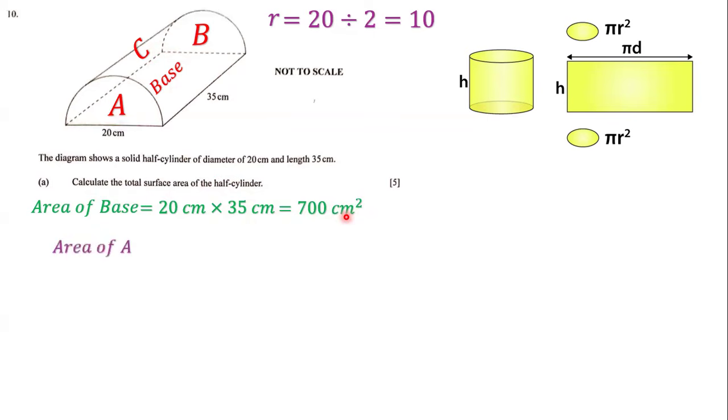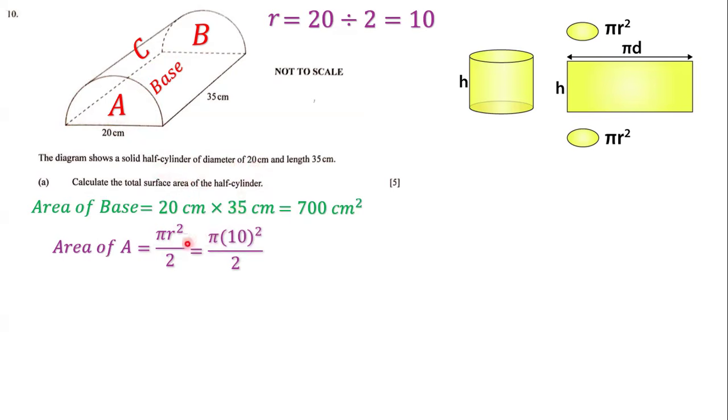Next, we have to determine the area of A. And this right here is a semicircle. We're going to use the formula for a semicircle. The formula for the area of a semicircle is pi r squared divided by 2. They didn't tell us what pi is equal to, so we're just going to leave it as pi.